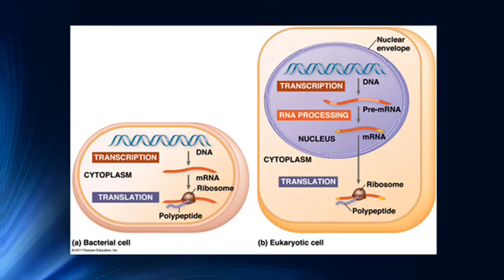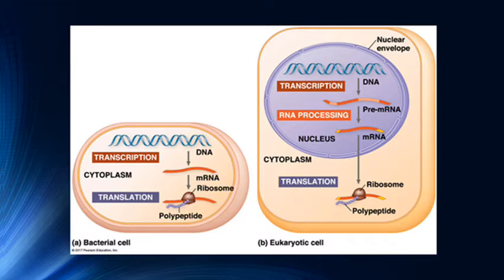So here's an overall picture, and this is found on page 339 of your books. And this is kind of an overall graphic description of what happens in protein synthesis. So you can see those two processes, transcription and translation.